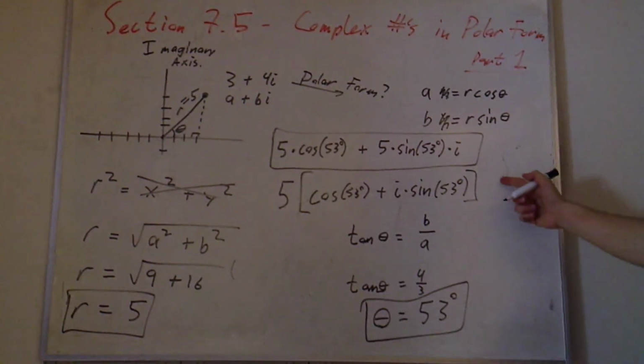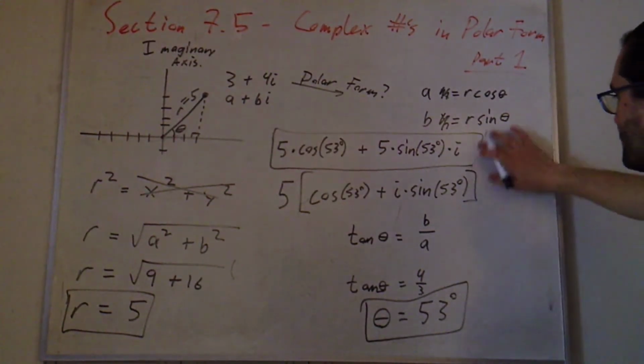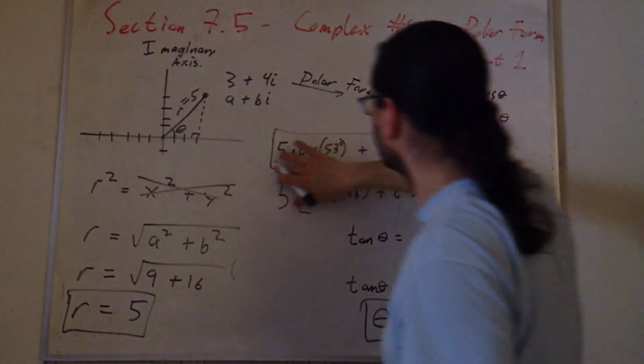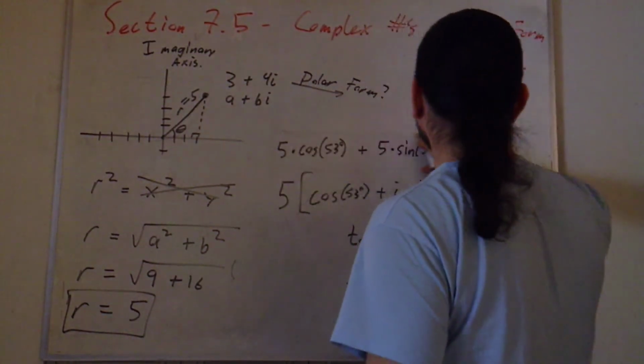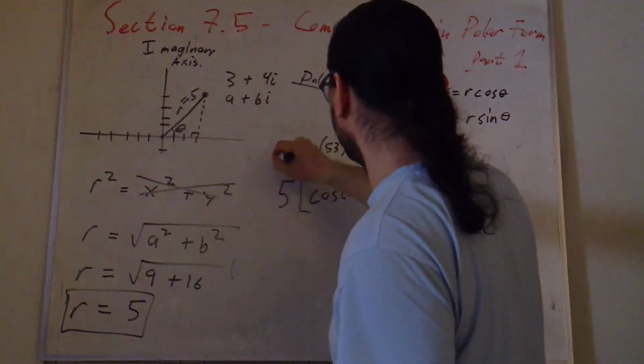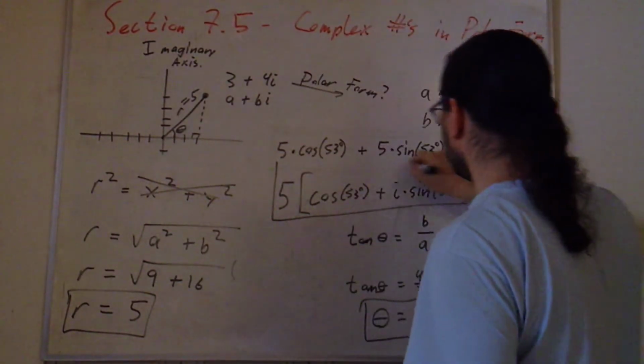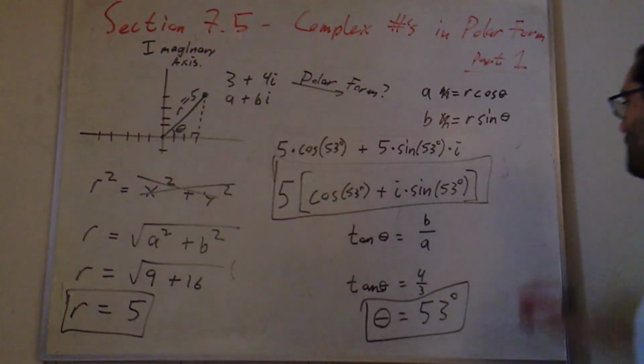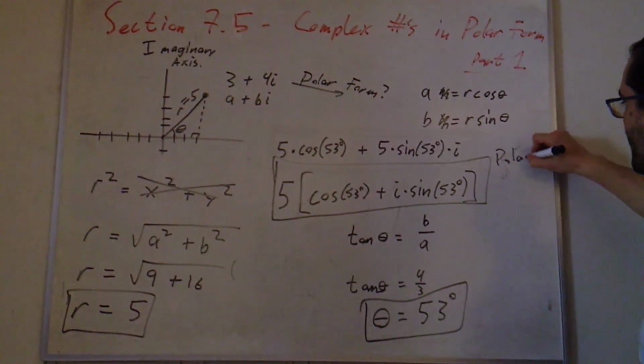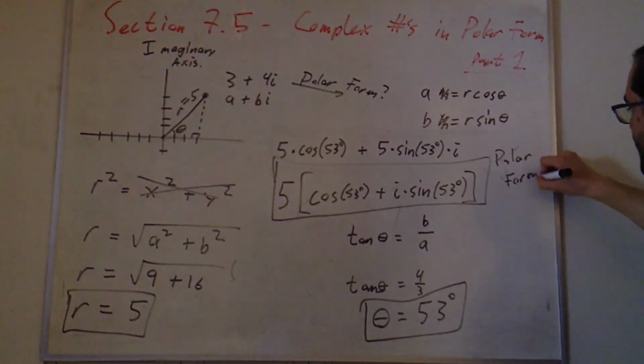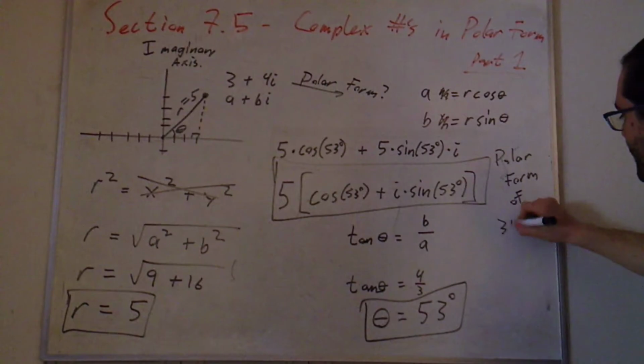I should not have put a box around this thing. This isn't finished. This is the finished version. This is the polar form of 3 plus 4i.